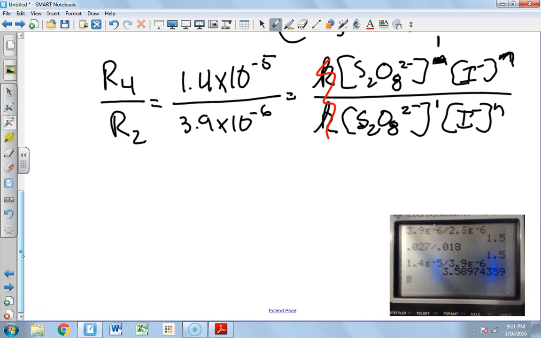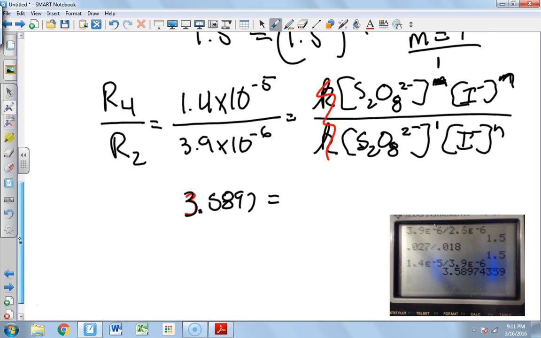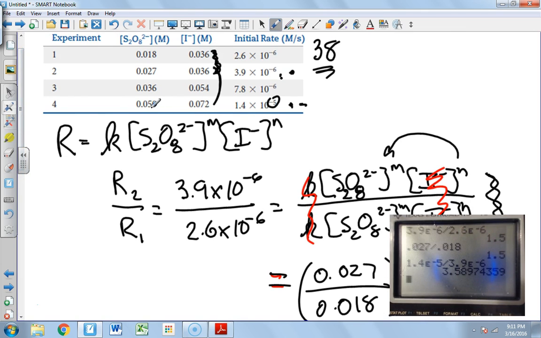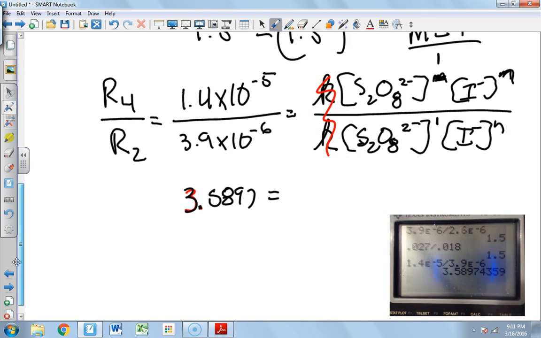And so that is equal to this weird number, 3.5897, whatever. But that equals, what's the concentration of S2O8 2 minus in experiment 4? Well, it's 0.05.